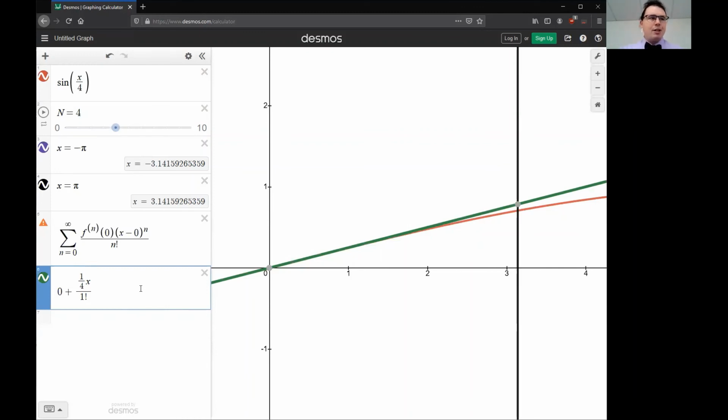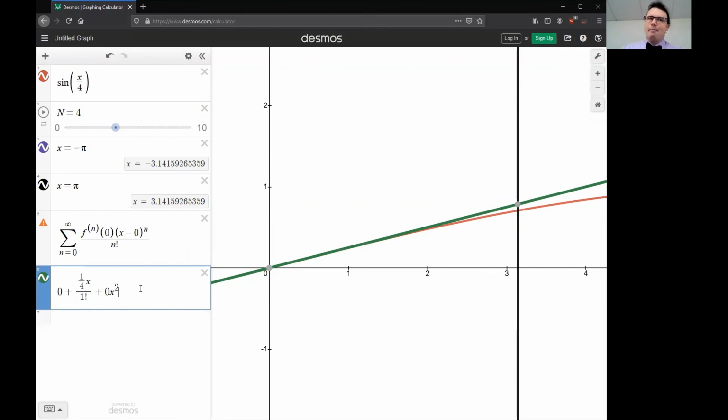My coefficient is going to be coming from the second derivative of this function, which again is minus the sine of x over 4 times 1/16. Now I know that sine of 0 is 0, so this will end up being 0x squared.